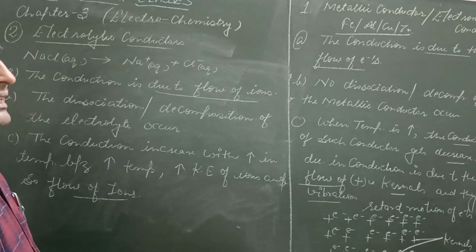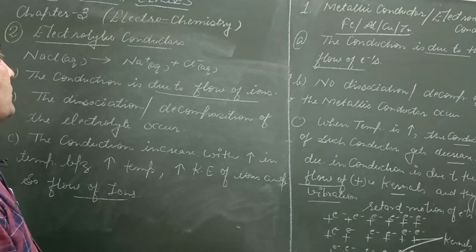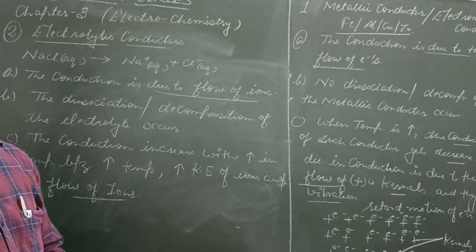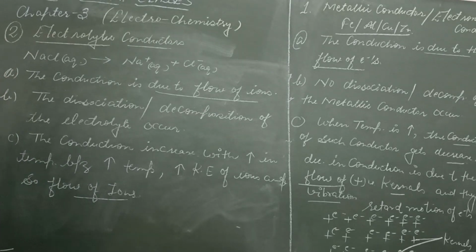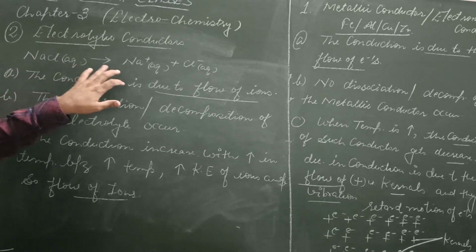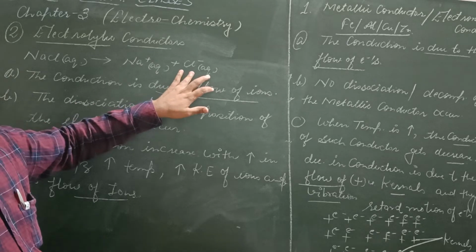So let's again discuss electrolytic conductors and metallic conductors. These are two different aspects which we have to study. In the case of electrolytic conductors, for example aqueous NaCl, it dissociates into ions Na+ and Cl-.